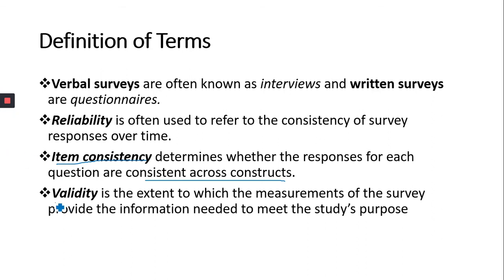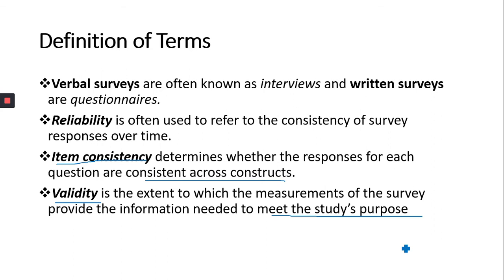Now, the other term worth defining is validity. It is the extent to which the measurements of the survey provide information needed to meet the study's purpose. Dear students, you don't go for a survey without objectives, so you must formulate your objectives beforehand.